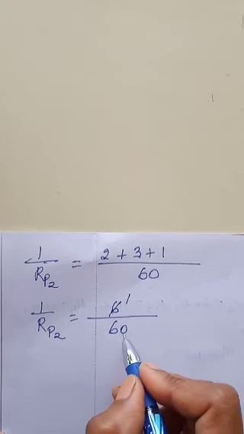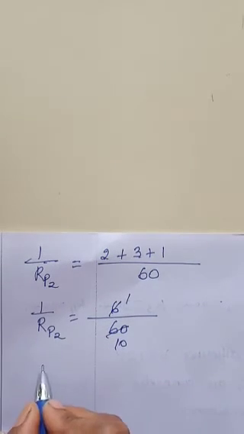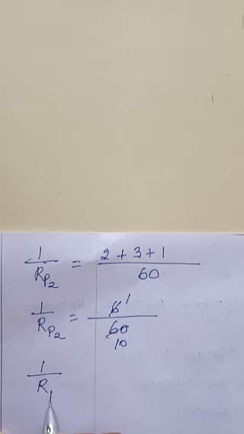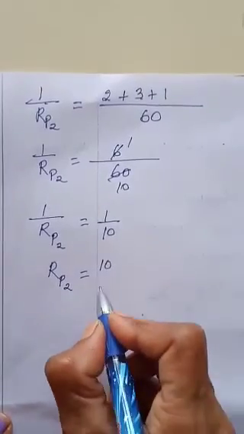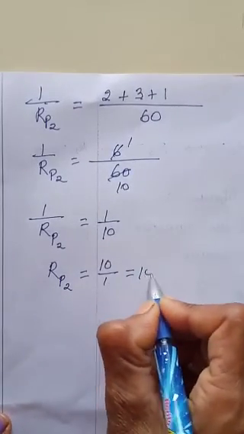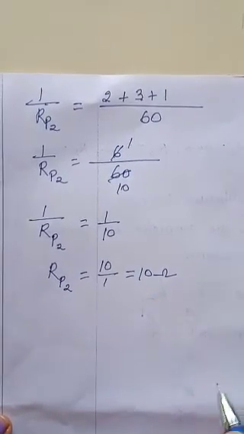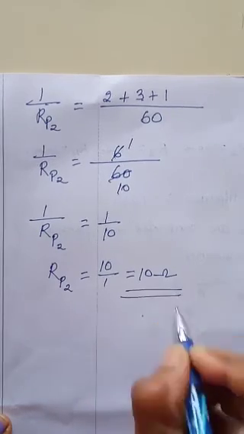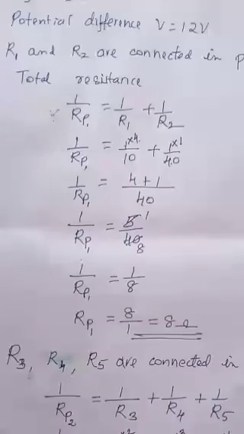Simplify, 6 1s are 6, 6 10s are 60. So 1 by Rp2 is equal to 1 by 10. Rp2 is equal to the reciprocal of 1 by 10. It is 10 by 1 is equal to 10 ohm. So Rp2 is equal to 10 ohm.